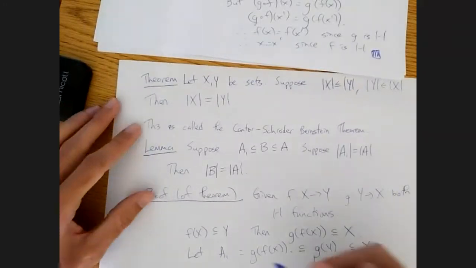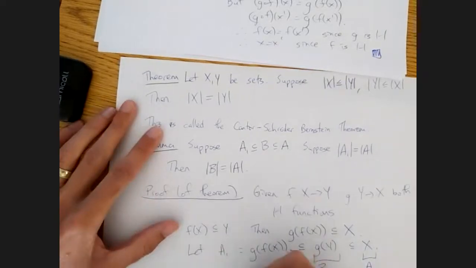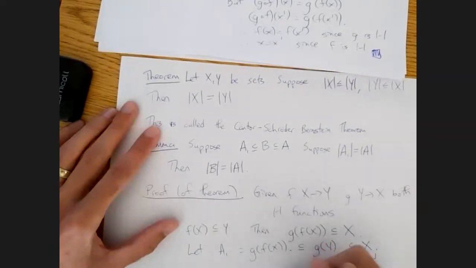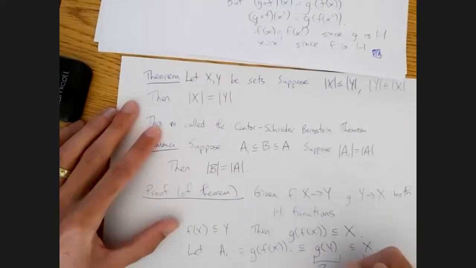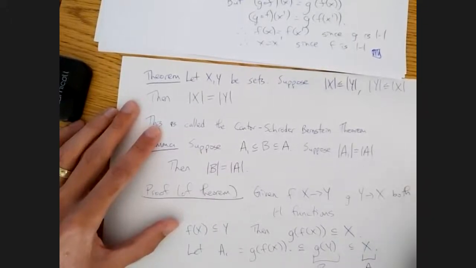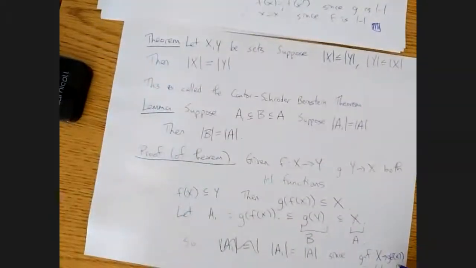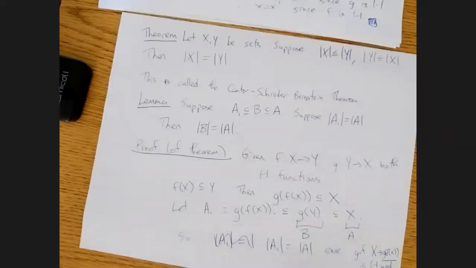Okay, so now clearly the cardinality of a1 equals the cardinality of a, since g of f from x to g of f of x is 1-to-1 and onto. We already know that g of f is 1-to-1, and it's onto because we've defined the range to be exactly that.